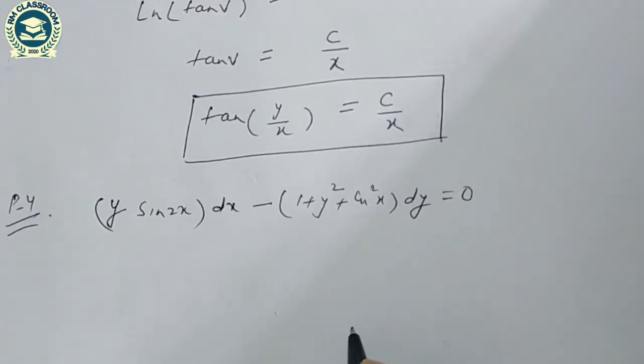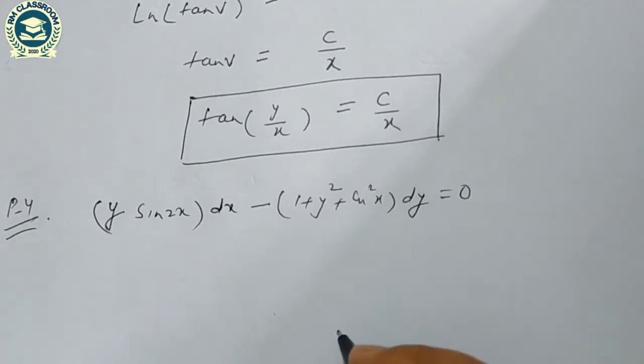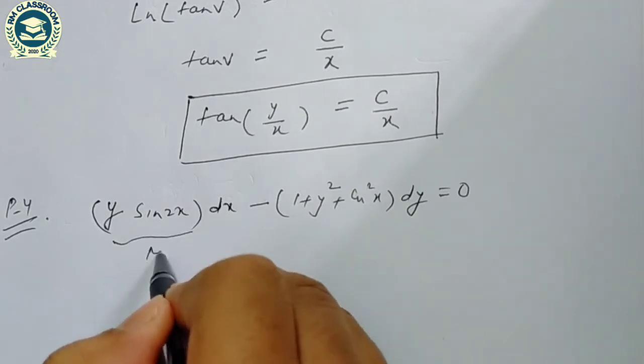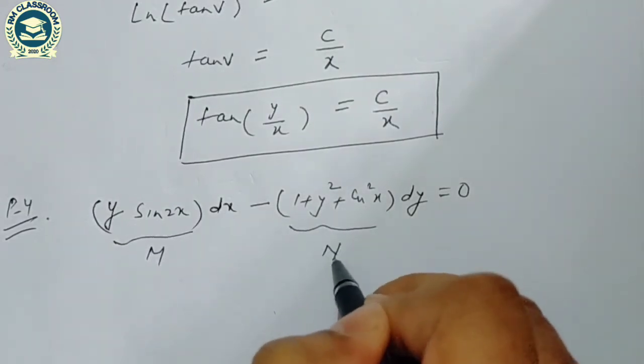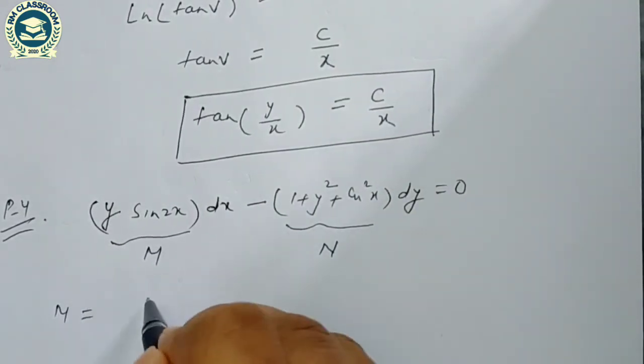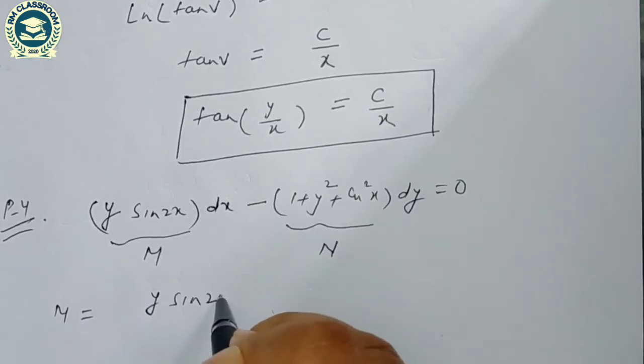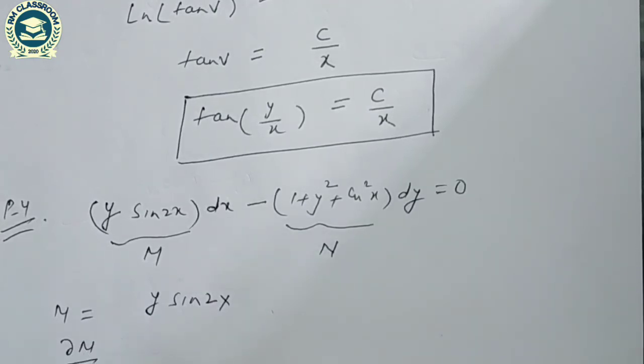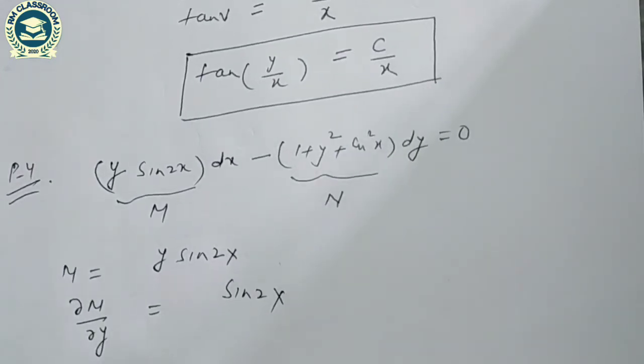So the condition for the exact differential equation is del m upon del y is equal to del n by del x. So let us assume this is m and this is n. So m is equal to y sin 2x. So del m by del y is equal to sin 2x. Similarly, n is equal to minus 1 plus y square plus cos square x.